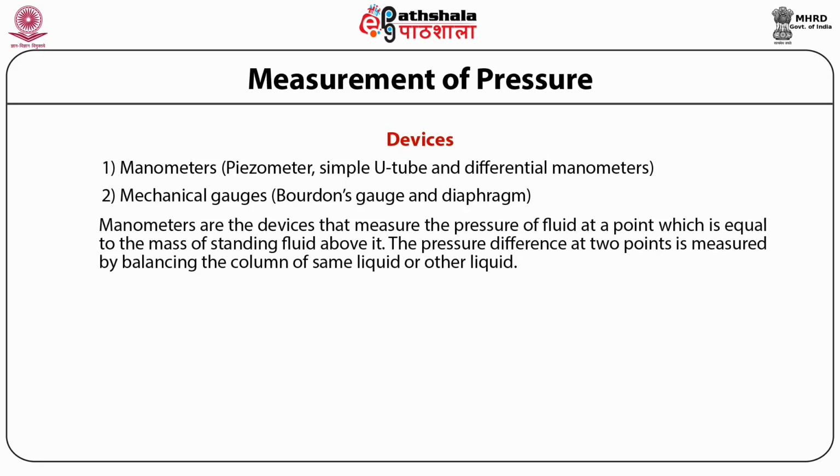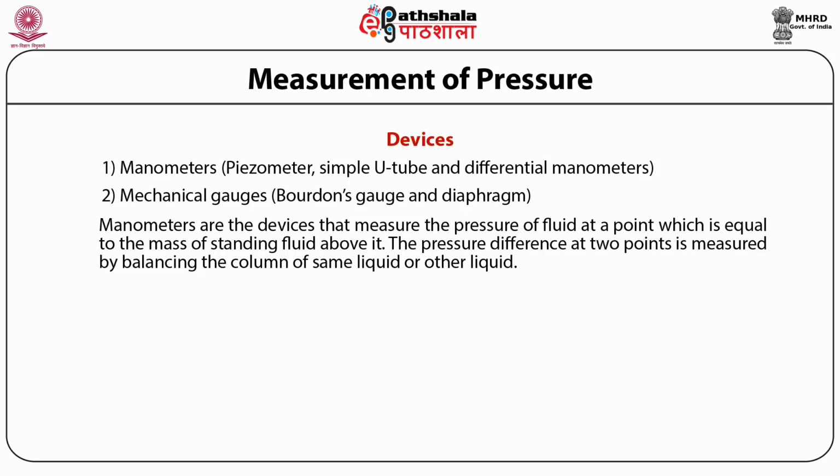Manometers are devices that measure the pressure of fluid at a point, which is equal to the weight of the standing fluid above it. That is, P is equal to gamma into H. The pressure measuring devices using this principle are called manometers. The top end of the manometer is open to atmosphere.